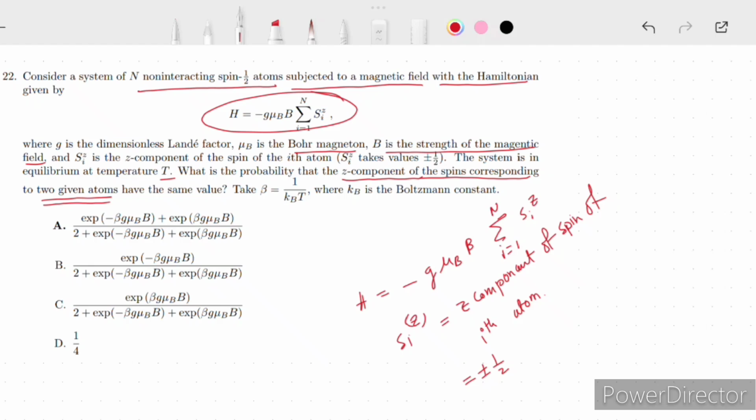It means what they actually asked is the probability of finding the two atoms with the same spin value. If we take two atoms, they both have spin up, or we take atoms that both have spin down. For this case, what is the probability?